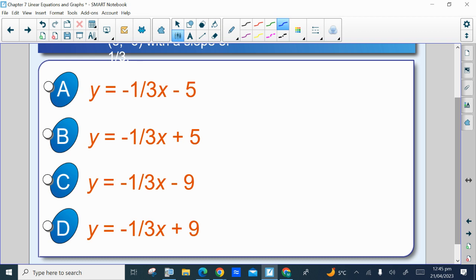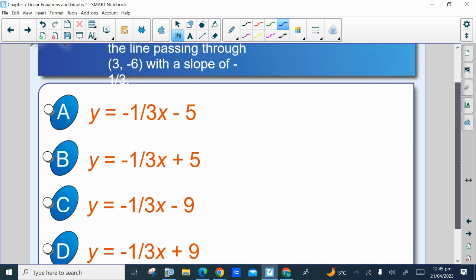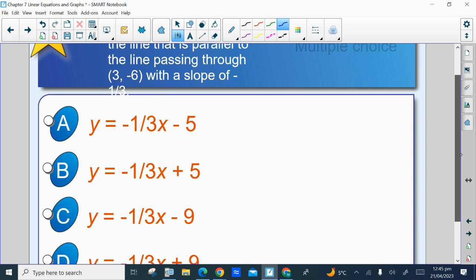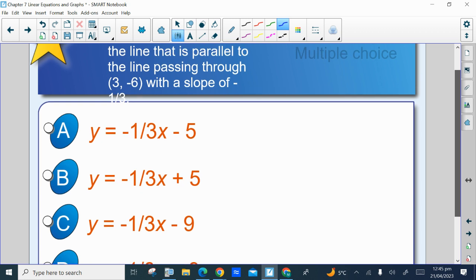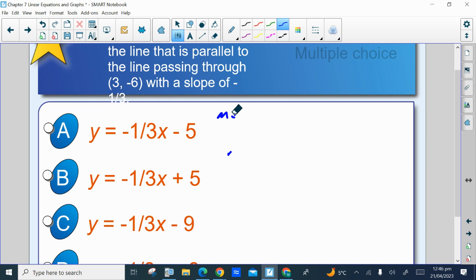Each of these lines has a different y-intercept though, right? -5, +5, -9, +9. To see what the right answer is, we're going to have to write the equation of the line with the slope of -1/3, and again passing through the point 3, -6.